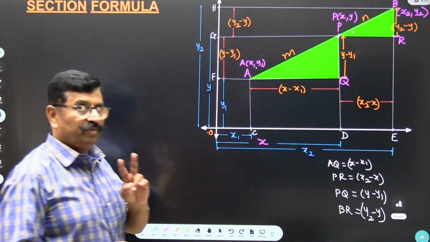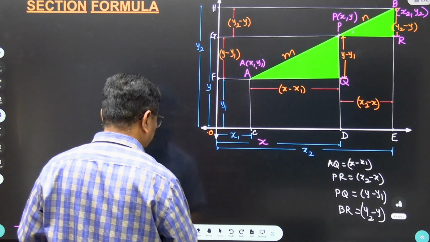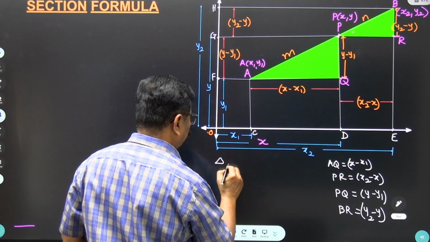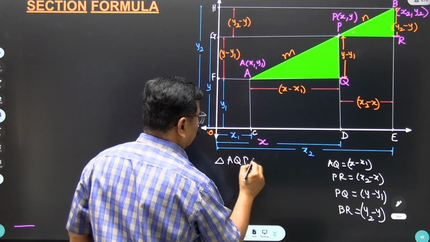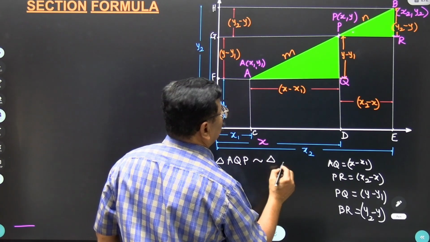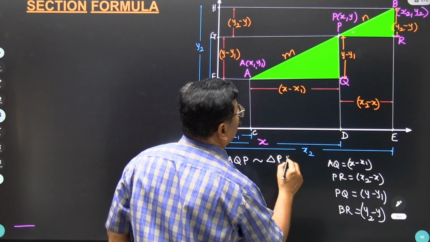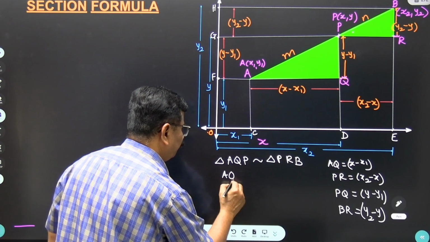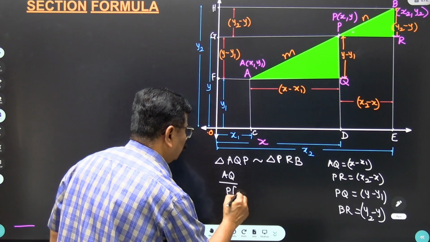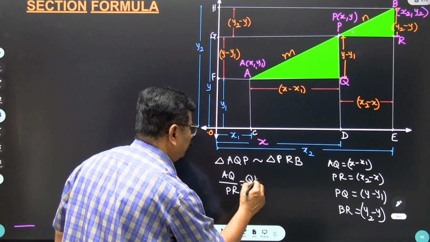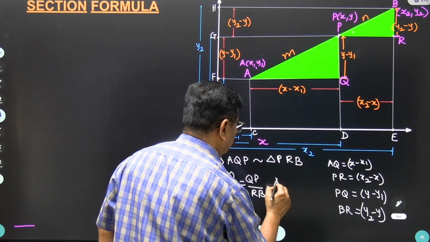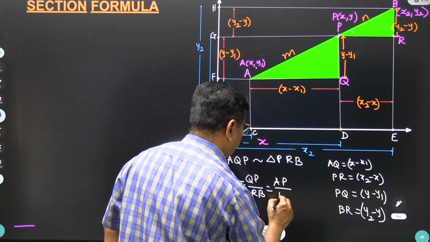So we have two similar triangles. Which are the two similar triangles? Triangle AQP is similar to triangle PRB. So let's write this as AQ upon PR is equal to QP upon RB is equal to AP upon PB.